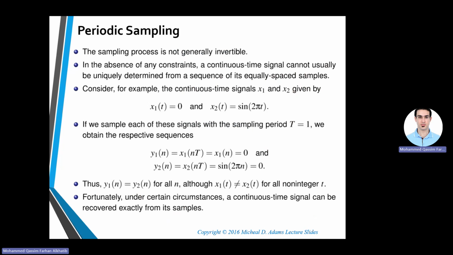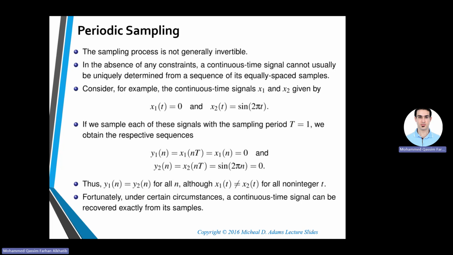All right, so it's not invertible in the absence of any constraints. T of s, the sampling period, could be any value. However, there are some constraints to at least recover the signal or get a representation that is similar to the original signal in time.